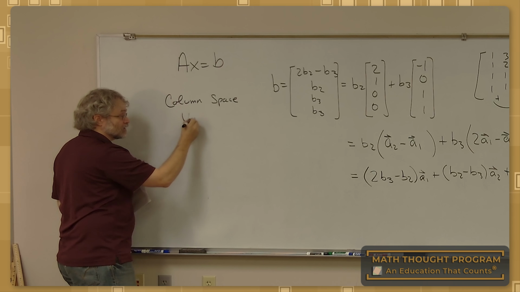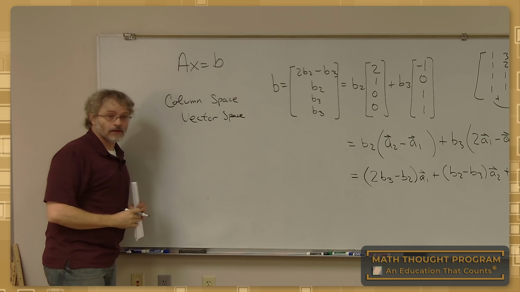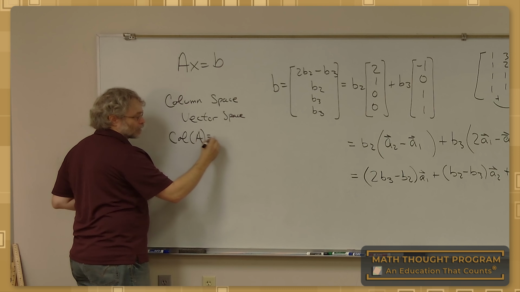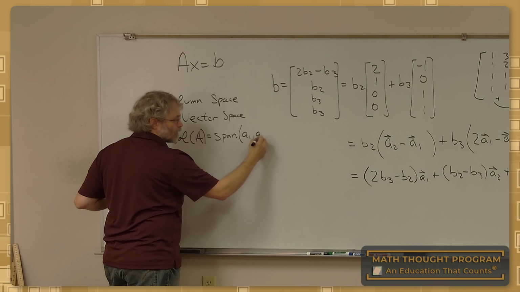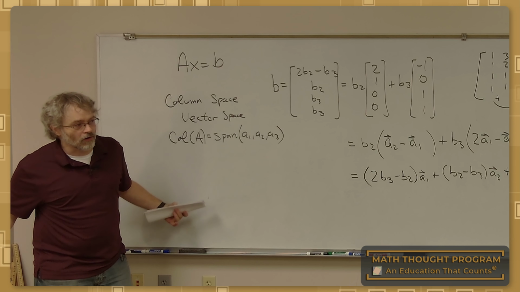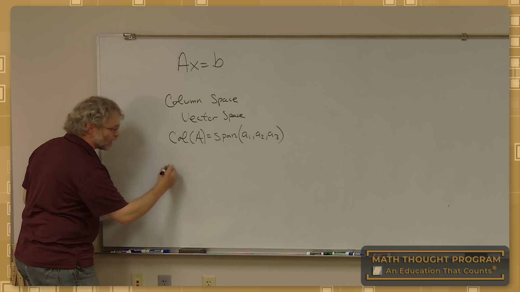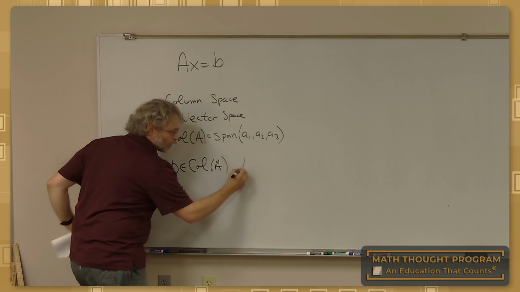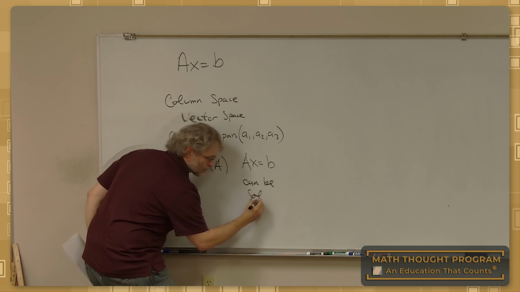And we denote it as the column space of A, and we can say span A1, A2, in this case, A3. Or I take the span of all of the columns. As long as B resides in the column space of the matrix, then AX equals B, you can solve this.